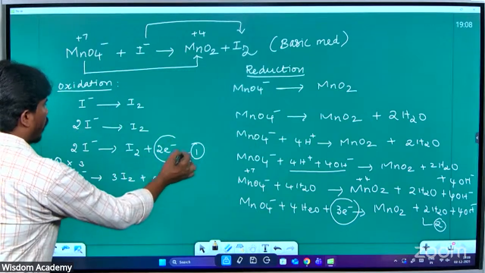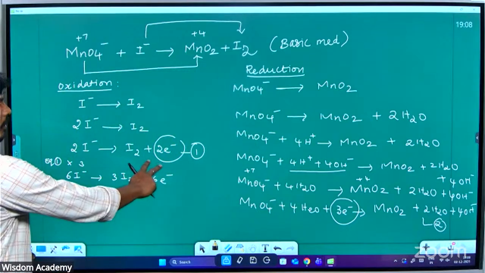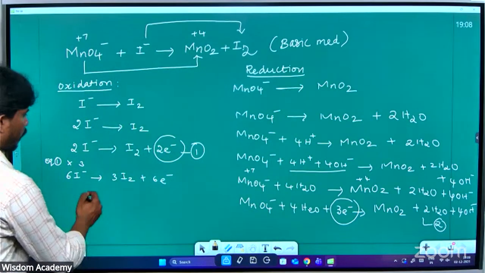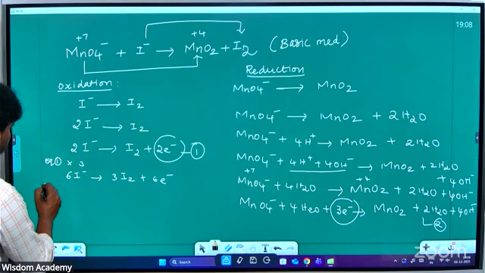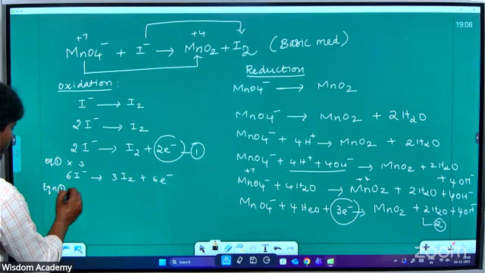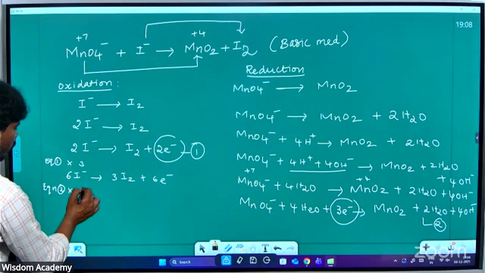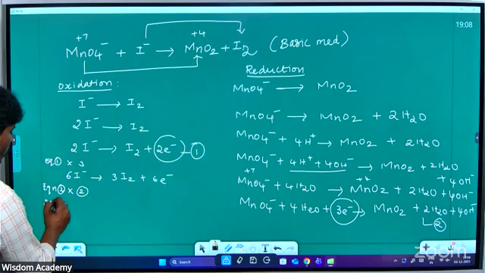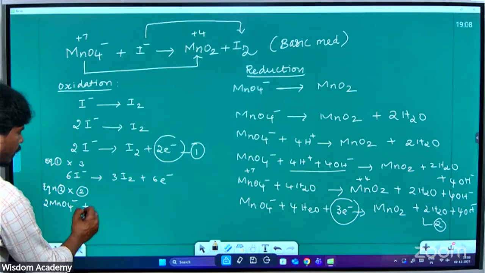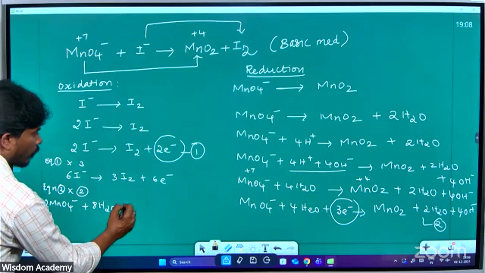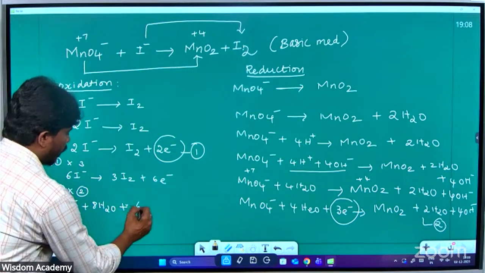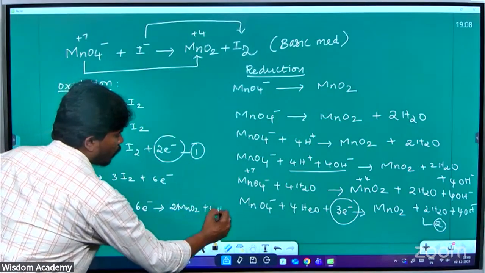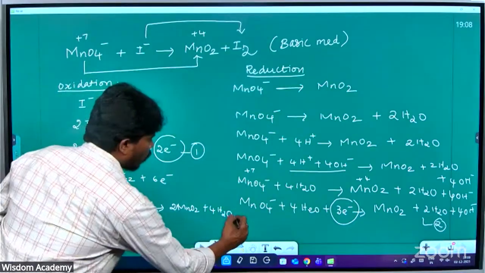The electron number involved in oxidation is 2, so multiply the reduction reaction, equation 2, by 2: 2MnO4 minus plus 8H2O plus 6 electrons gives 2MnO2 plus 4H2O plus 8OH minus.